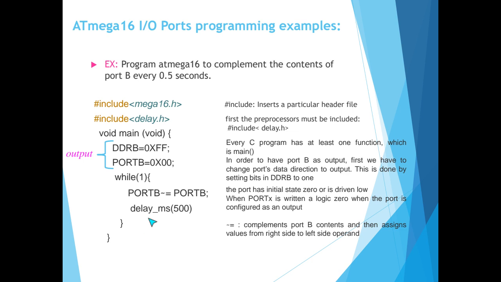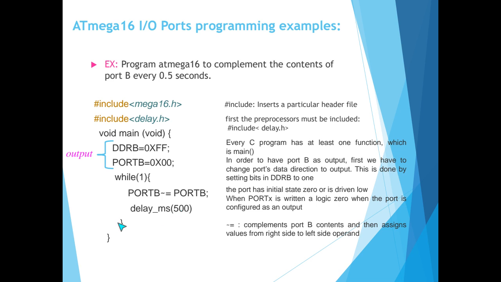And then we said that there are 2 types of delay functions, in terms of milliseconds and microseconds. I use milliseconds here. For using microseconds, we can use US here, but I'm using milliseconds. Then delay 500 milliseconds, because 0.5 seconds, or half a second, is the same as 500 milliseconds.